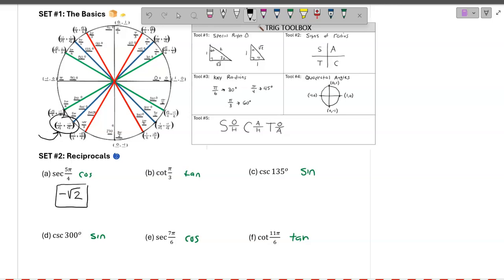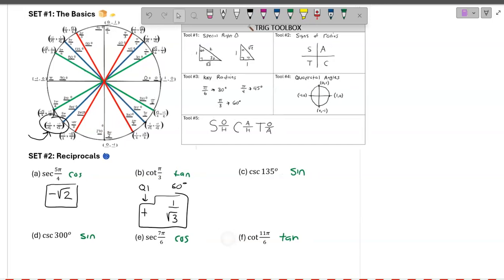For cotangent of pi over 3, well, let's talk about this from a toolbox perspective. I know that this is in quadrant 1, so that's a positive answer. Pi over 3 is going to be a 60-degree reference angle, so I want to find the tangent of 60, but then flip my answer. Tangent of 60 is √3 over 1, so I flip that to say that the answer is 1 over √3.